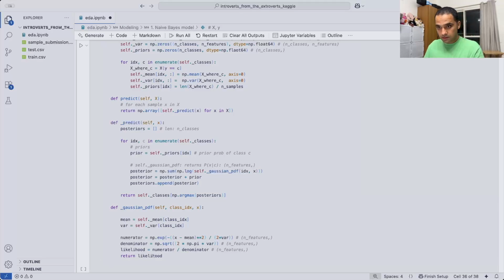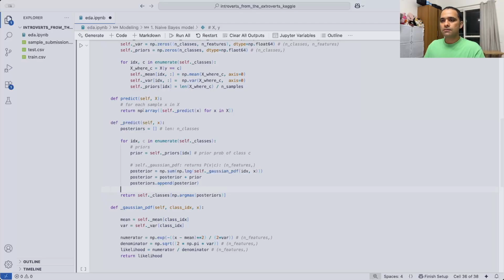Once we have done this, it will take the element-wise logarithm of each likelihood and sum all of these elements, and then that will get summed with the prior probability. Once we have all the posterior probabilities for all classes, for a given example x, we'll do the argmax out of that list of posteriors and take the class of it to return it.